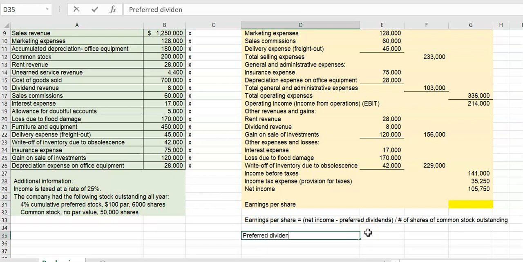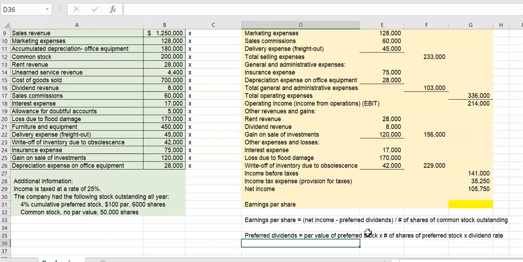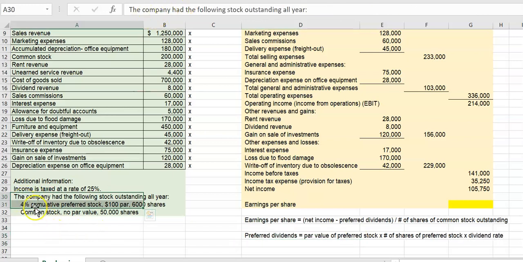Preferred dividends is equal to the par value of the preferred stock multiplied by the number of shares of preferred stock times the dividend rate. So what is the dividend rate? That's this 4%. It never says 4% dividend rate. That 4% just means that's the dividend rate.